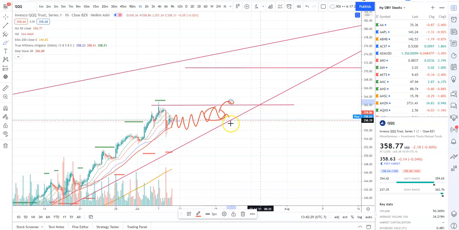So I believe that's what's going to happen, and I have more than just this minute trend line to support that.